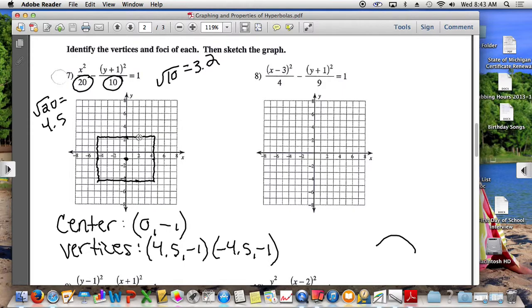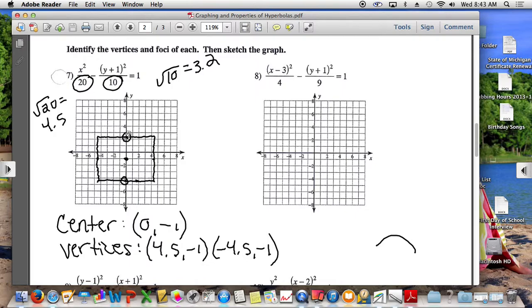And we created that rectangle out of the vertices, by taking the square roots of those two denominators. Two of those points were the vertices. And then we have these other two points, this point down here and this point up here, which are not called vertices. They are only used to help us make that box.